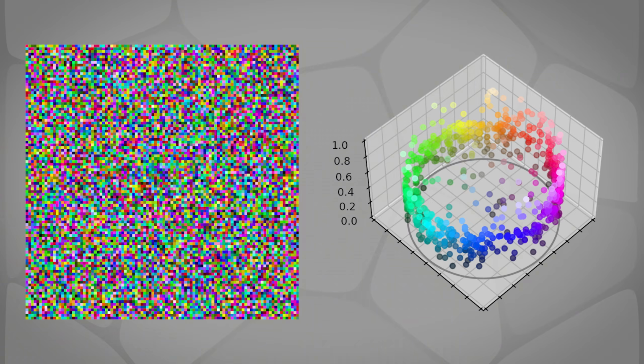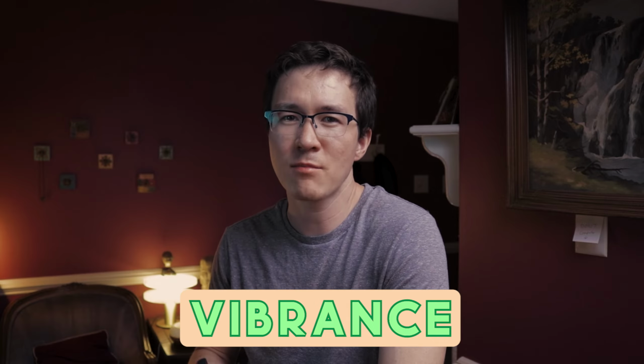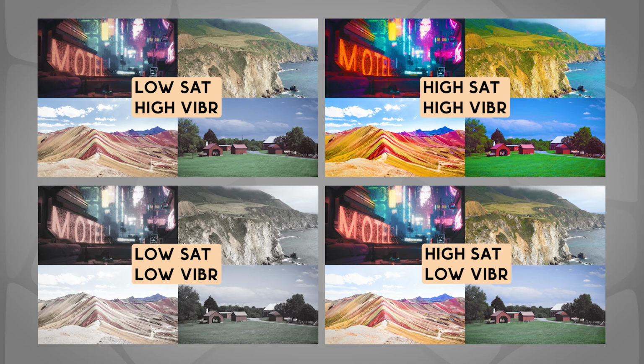On iPhone, they have something called vibrance. Vibrance is similar to saturation, but something is different, right? It's not making it colorful in the same way somehow. I wanted to examine the difference between saturation and vibrance.